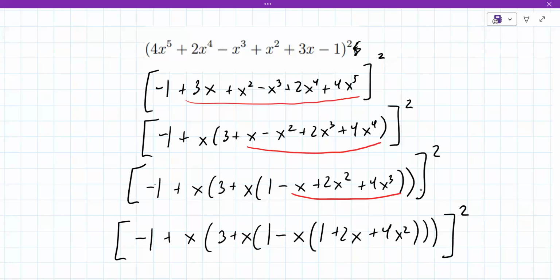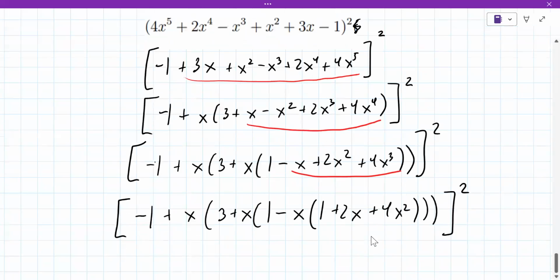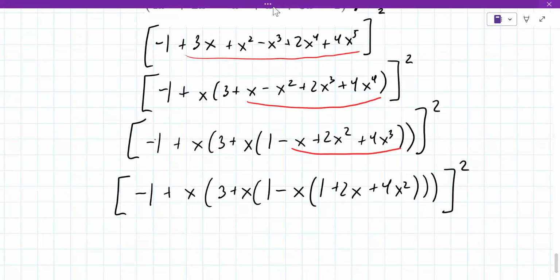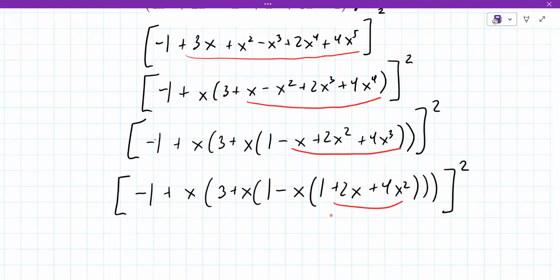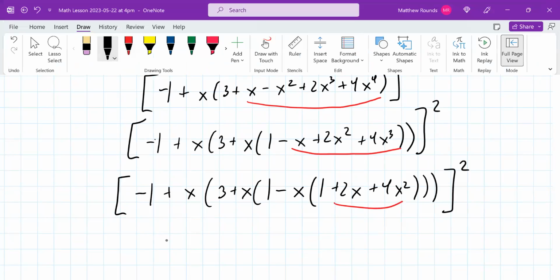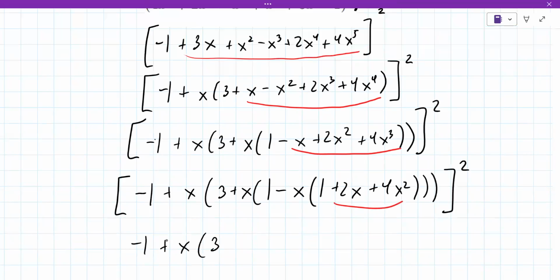Okay, and then we keep going. We've got to do it again. We've got to factor an X out of these two. -1 plus x(3 plus x(1 minus x(1 plus x(2 plus 4x.